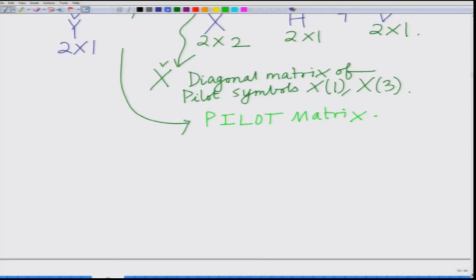And now, obviously, what is our equivalent system model? Our equivalent system model is y check equals x check times h check plus v check.